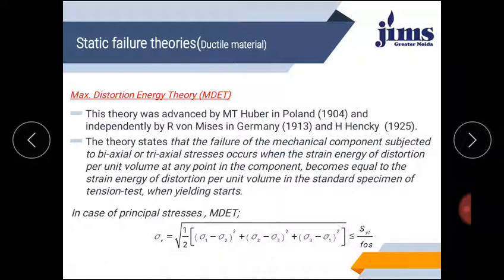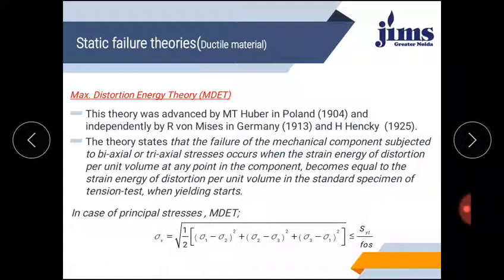Again, the language of the theory is very similar to the previous one. The only difference is that here we are considering strain energy of distortion per unit volume at any point, and that should not exceed the strain energy of distortion per unit volume of a standard specimen of the same material in the tension test.